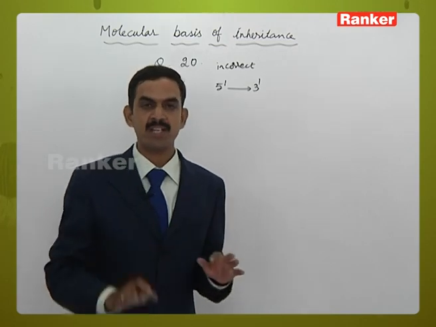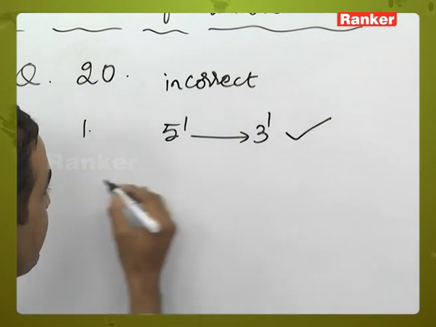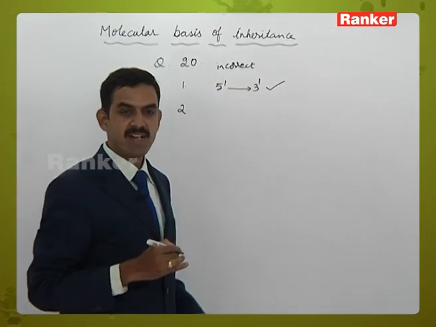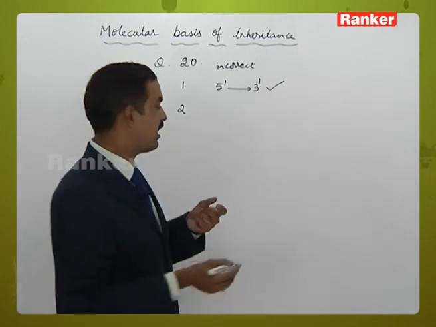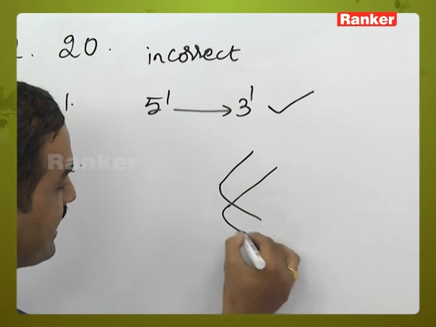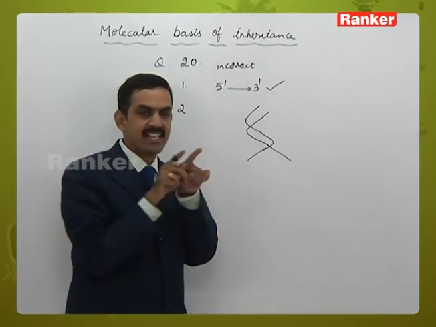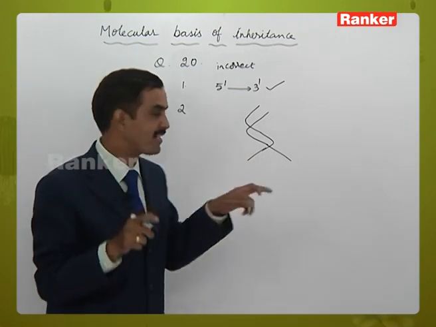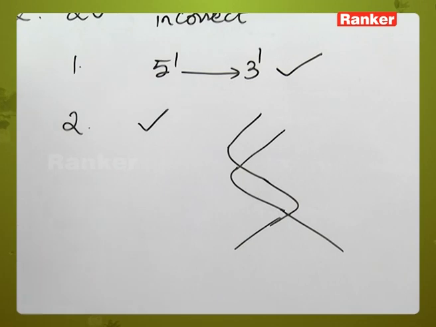It never does it in the 3' to 5' direction. So this statement that is given here is correct. The second one is replication begins at replication fork. Actually, when the DNA is undergoing replication, it starts at a point. This point where the DNA replication starts is called the replication fork. So this statement is also correct.